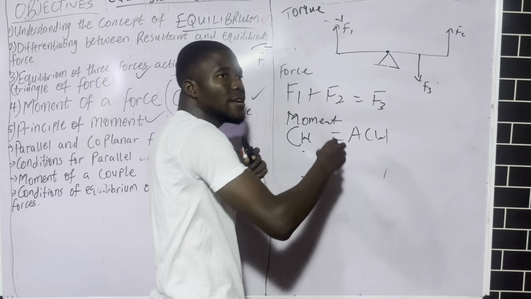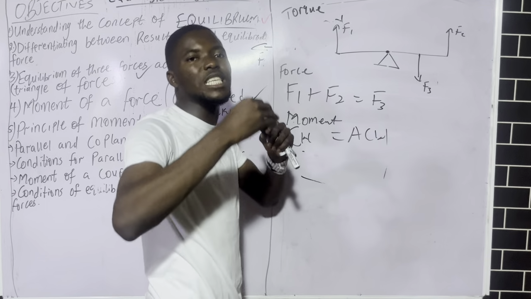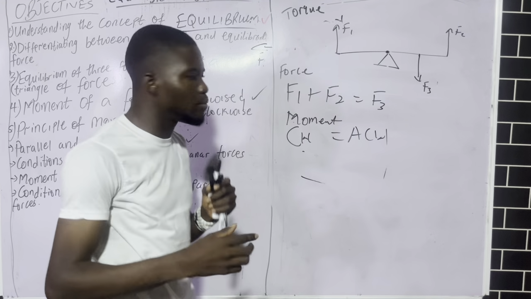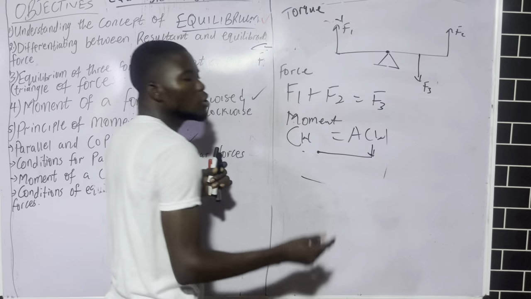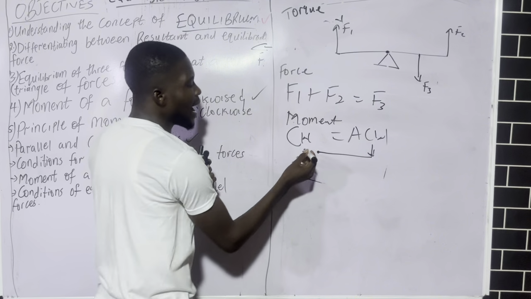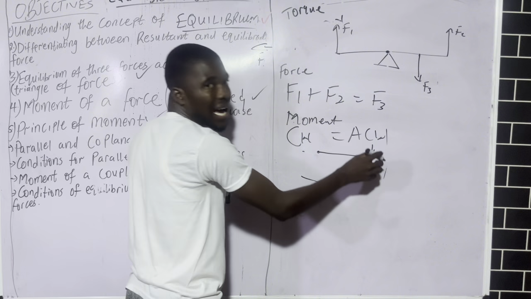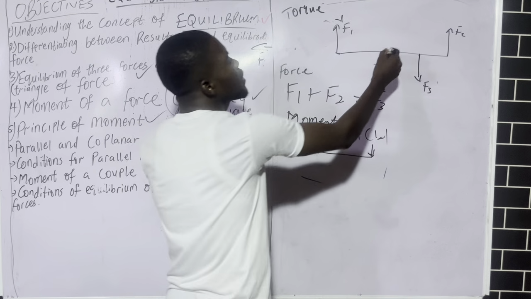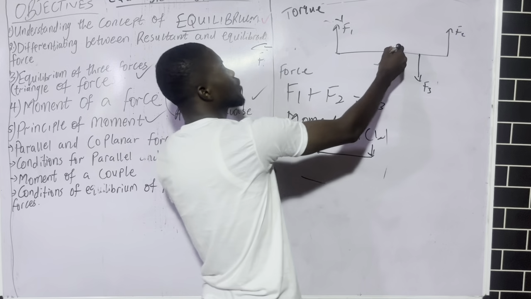That's where you find the turning effect of the force about a point. So the point where the effect of the force is felt is where you measure the distance from. Because remember the door hinge: this is my door hinge, and this is my force. So the distance is from the point where the force is exerting its effect to where the force is actually applied. If this is the balance point, where the thing becomes balanced, this is where the effects of the forces are felt.